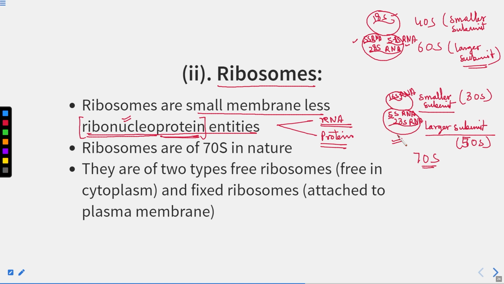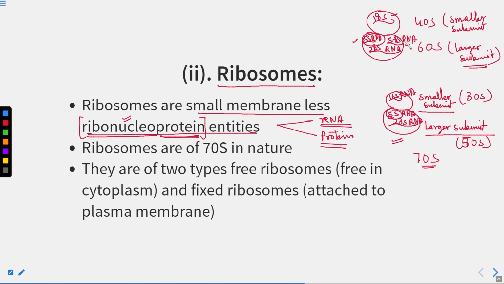Now if you see the larger subunit of the prokaryotic ribosome, of the 50S type, it has 5S RNA. So this 5S is present in both types. Other things are not common. 18S is present in the smaller subunit of the eukaryotic cell, and 16S is present in the smaller subunit of the prokaryotic cell.